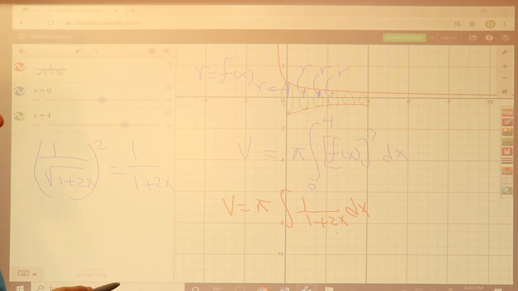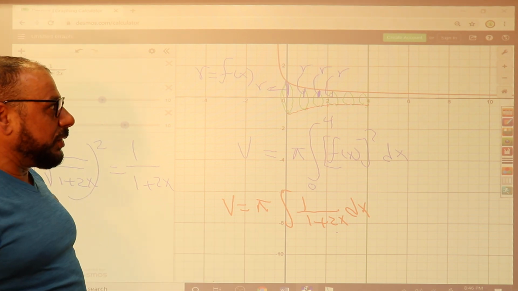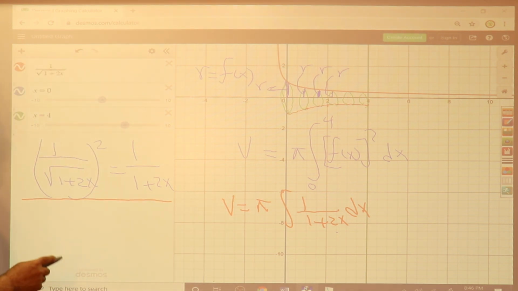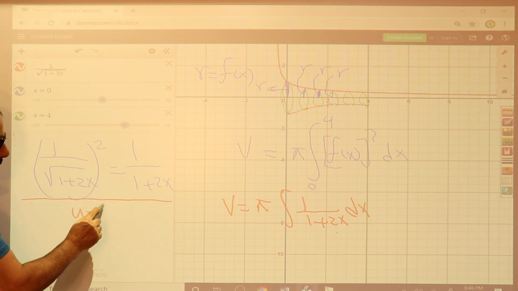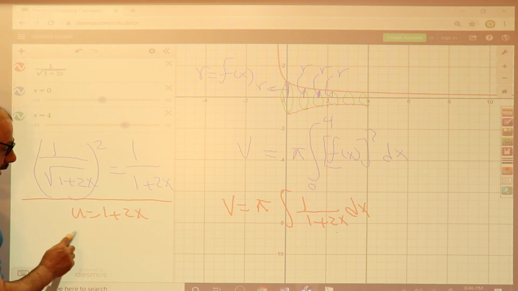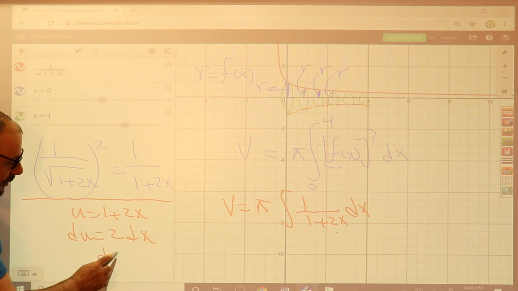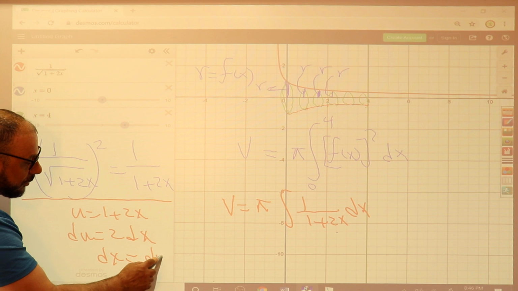You can use substitution: u equals 1 plus 2x, and du equals 2 dx. Then dx equals du over 2.